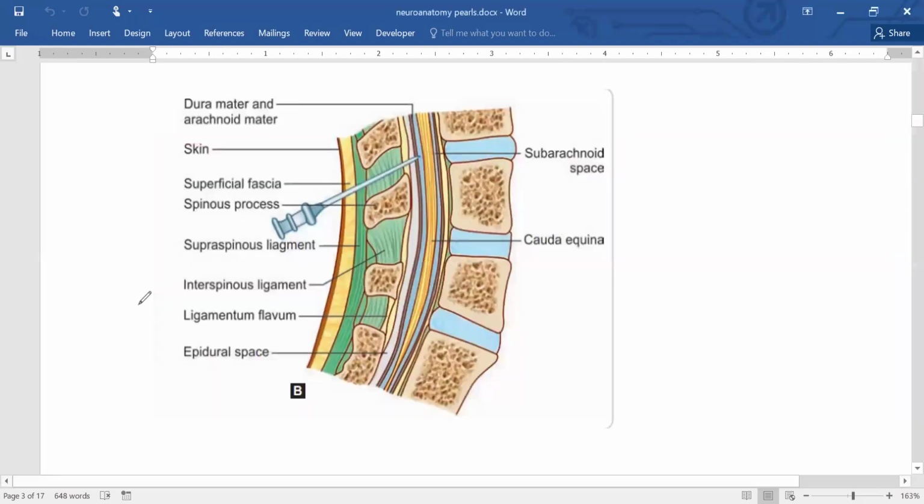This is a picture showing the layers which the needle has to pass in order to get into the subarachnoid space.